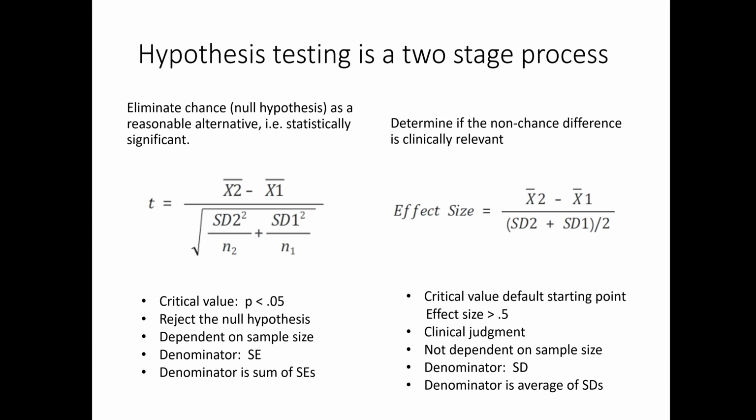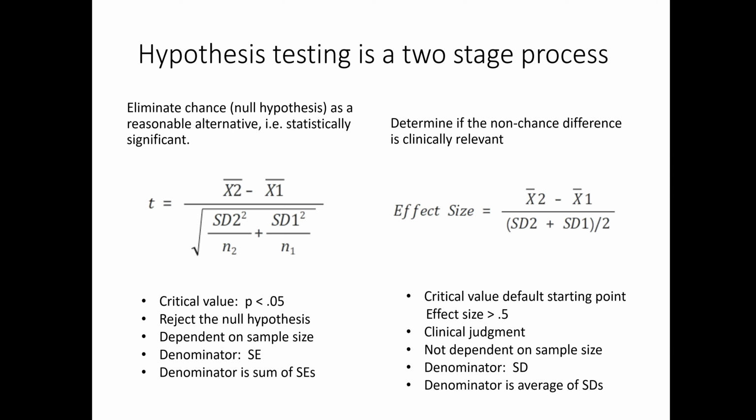Now, hopefully you may recognize that the square root of the standard deviation squared divided by n is the standard error. That's just another way of writing a standard error. And rather than averaging them, we sum them up. That's just a factor of the distribution of t's, which have a slightly bigger standard error than the average standard deviation of the two groups.